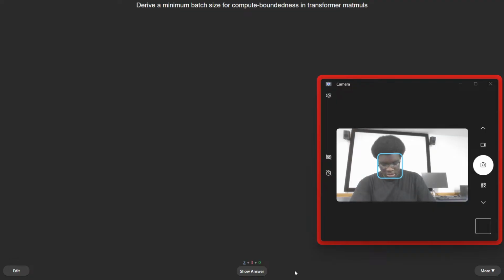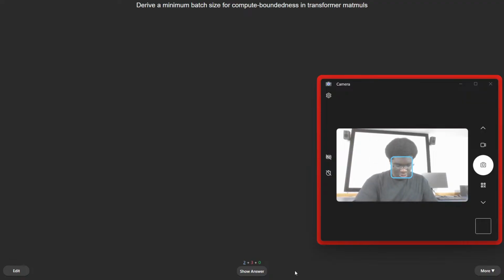For reads and writes, we've got 2BD plus 2DF, assuming this is all bf16, and then we have to write back the BF, so plus 2BF. Expanding that out, we get 2BDF minus BF, all over 2 times the bracket BD plus DF plus BF.